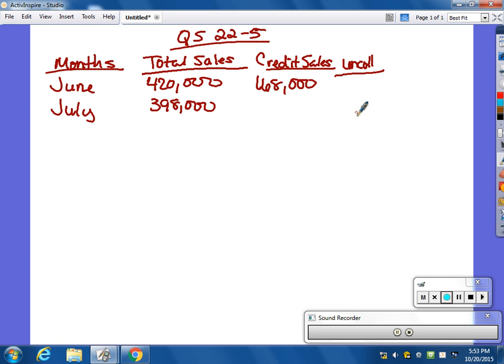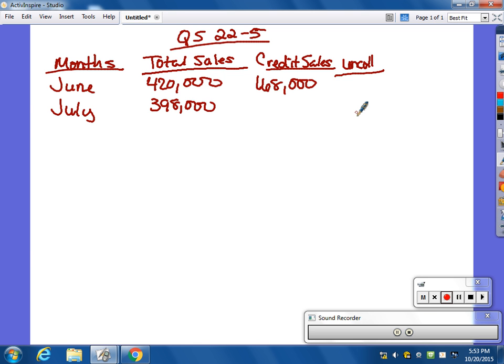I keep asking what percent is uncollected, right? So we have the 40% of the total sales. Total sales of how much? The total sales was $420,000 for June.